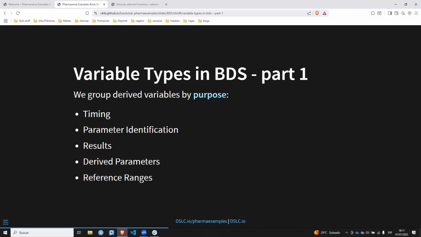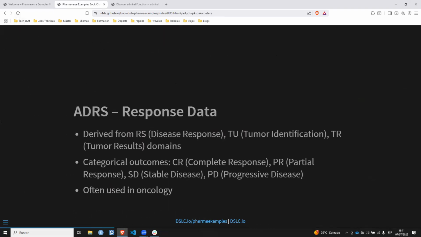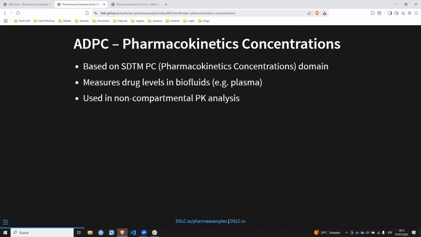Yes, I was trying to go back to presenting the ADPC. I was not sure about the level of understanding of why we need to put certain domains under certain categories.